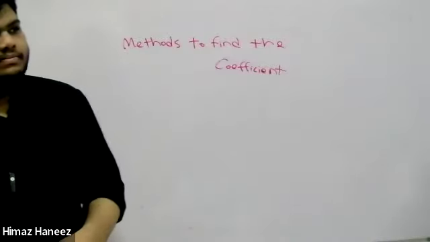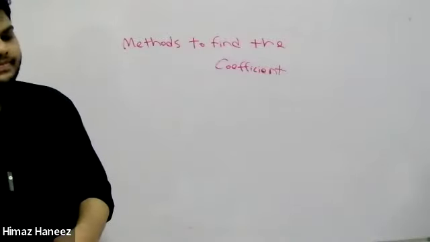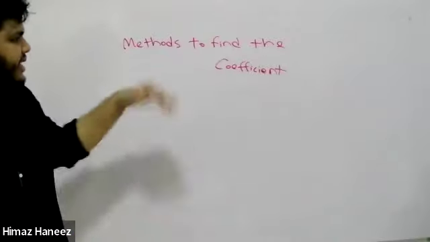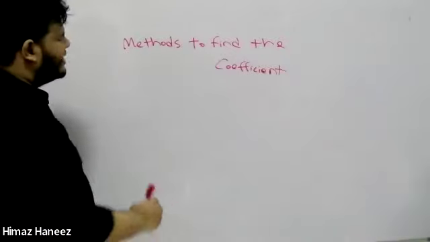In A level, there are two methods to find the coefficient of each term. Below that, after writing that, put a semicolon and write 1.